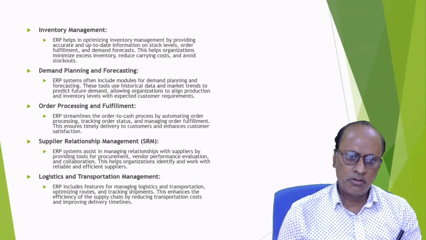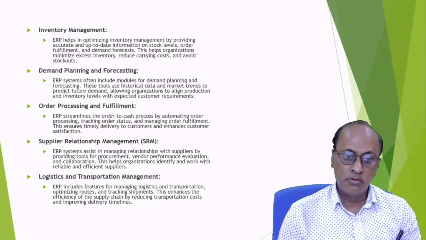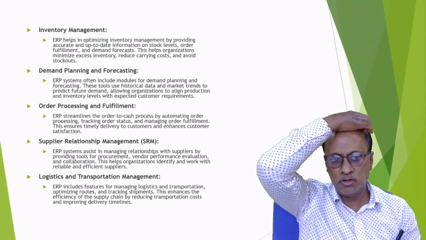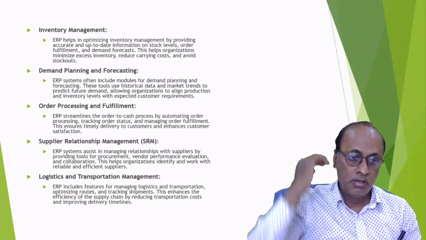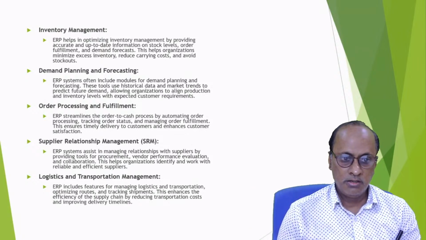Inventory: ERP also helps in optimizing inventory management by providing accurate and up-to-date information on stock levels, order fulfillment, and demand forecast. This helps the organization to minimize excess inventory, reduce carrying cost, and avoid stock outs. ERP also helps in demand planning and forecasting.